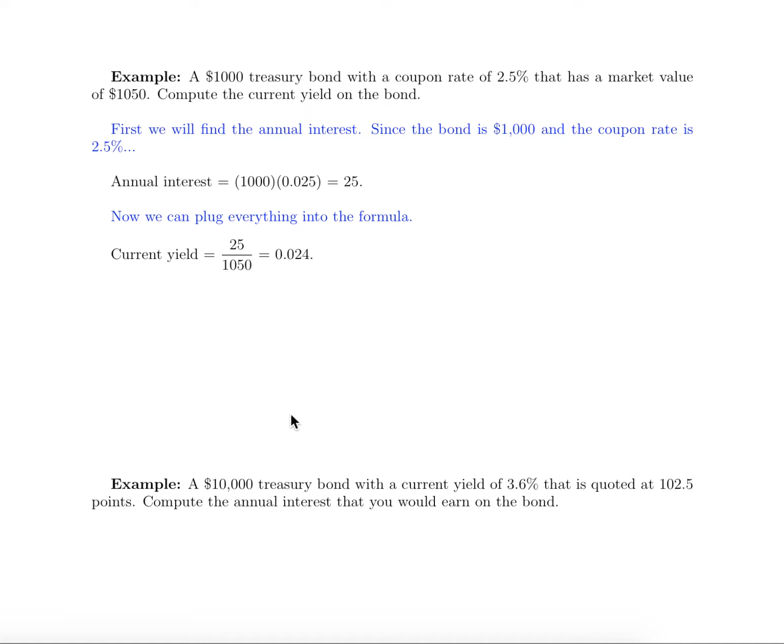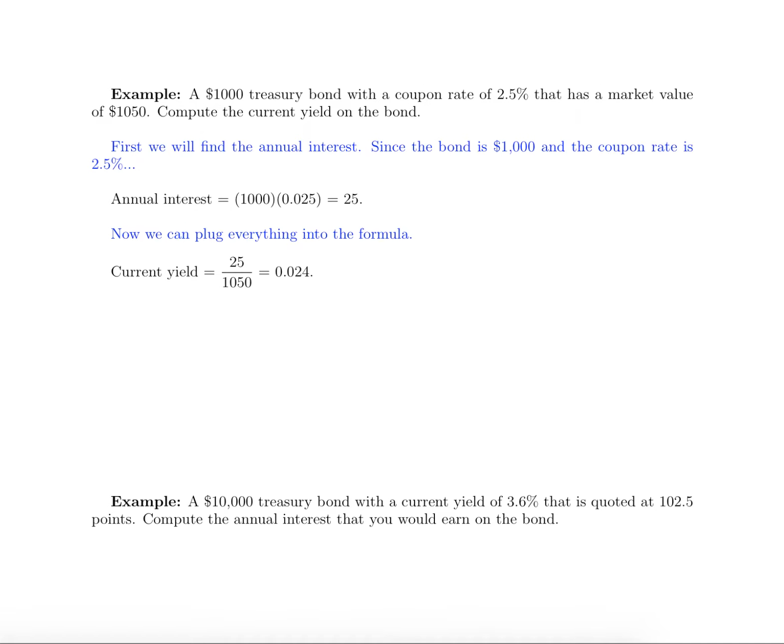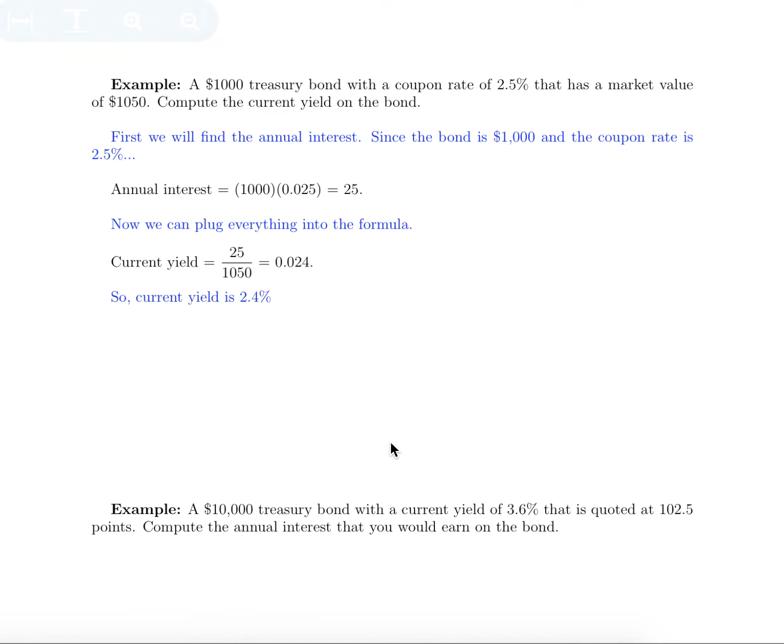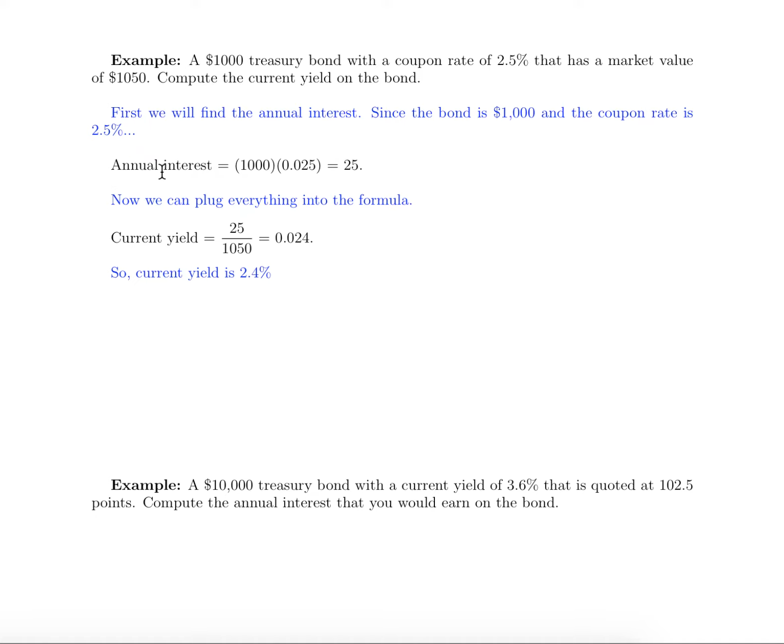Now we don't leave it like that because the current yield is written as a percentage. So that means the current yield is 2.4%. And that's it. We calculate the annual interest, we're already given the current price, so once we find annual interest, we can plug directly into this formula, just divide, and we get 2.4% by moving the decimal over 2 places to the right. All right, cool.